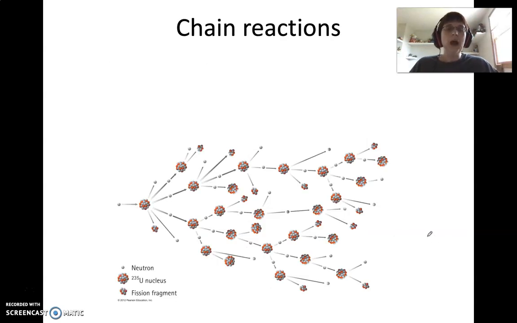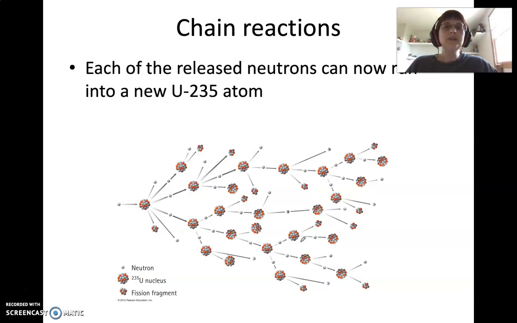So how do we harness this? Well, the thing is with something like uranium-235, because you have multiple neutrons being released, you get a chain reaction. Because each of the released neutrons can now run into a new uranium-235 atom if you have them around. So here we have our initial guy. So you get hit once with a neutron, it splits, and you have your neutrons coming off.